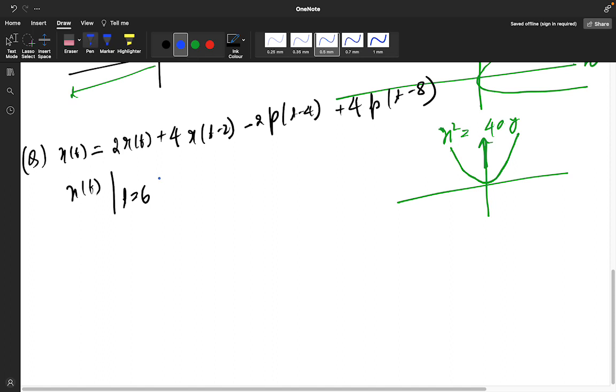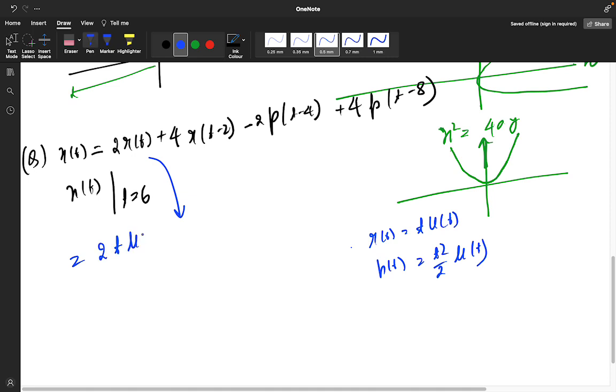First convert everything into the form of r of t, which is t u of t, and p of t, which is t square by 2 u of t. So 2 t u of t will come, plus 4 r of t minus 2, so t minus 2 into u of t minus 2 will come.